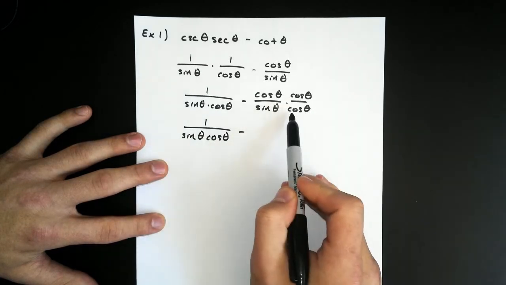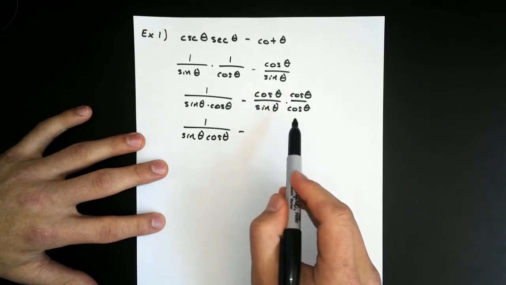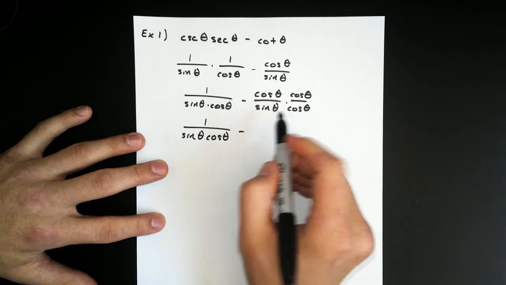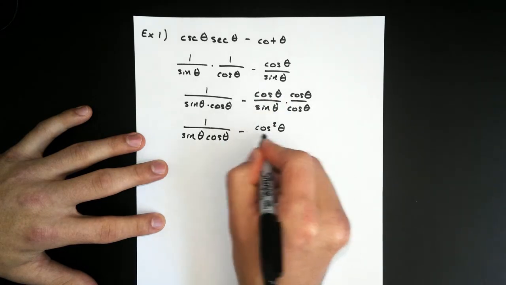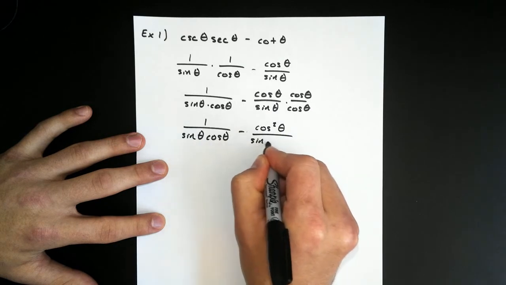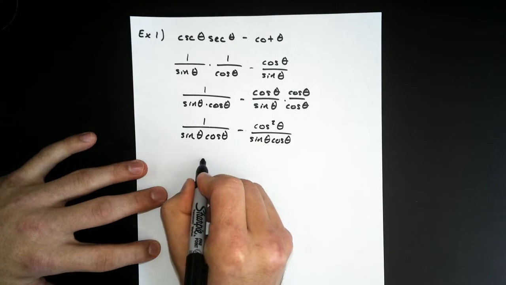And then in the second fraction, it's multiplying the numerators together and multiplying the denominators. Cosine times itself, we get cosine squared. And then we have sine of theta, cosine of theta. Now we can combine these together.